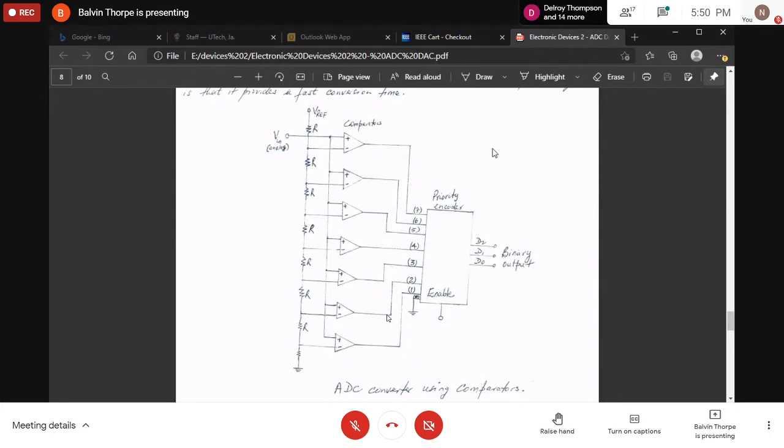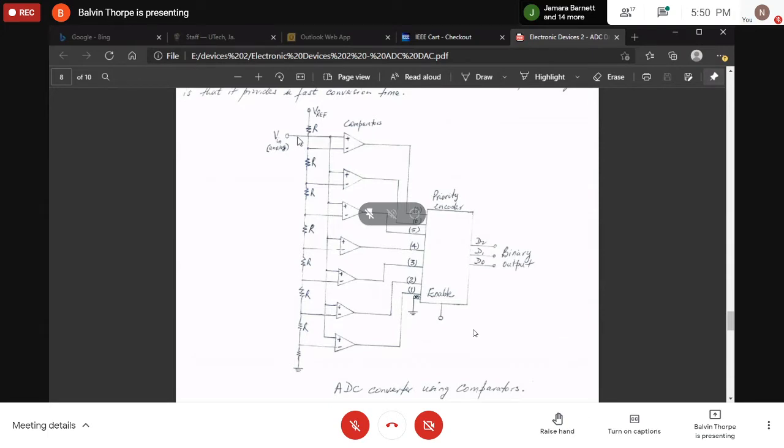All right, so look at the circuit properly. Notice that our input is an analog input voltage. Remember we always say that the input voltage to be compared is always applied to the non-inverting input of a comparator.